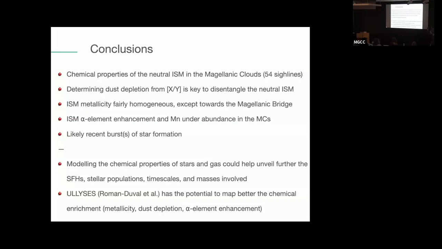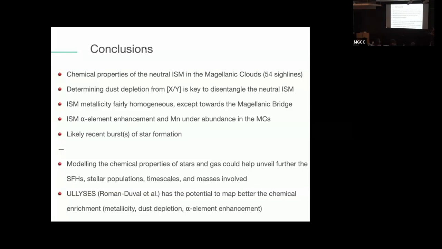I didn't discuss this, but you're welcome to ask if you like. And then we found ubiquitous alpha element enhancement and manganese underabundance in the Magellanic Clouds, and this likely calls for a recent burst of star formation.